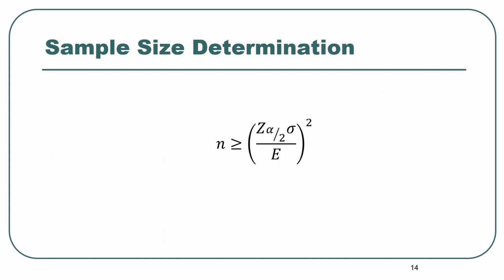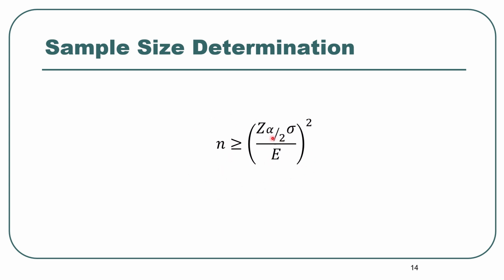Now, to estimate the mean within a specific margin of error, a specific value E, we use this formula. So now it's like you are planning for a new study and you want to make sure that by the end of that study you will be able to estimate the mu such that the maximum difference between that mu and the x bar calculated from your sample is equal to or within that E value. If this is the case, then you would estimate the n for your new study using this formula.